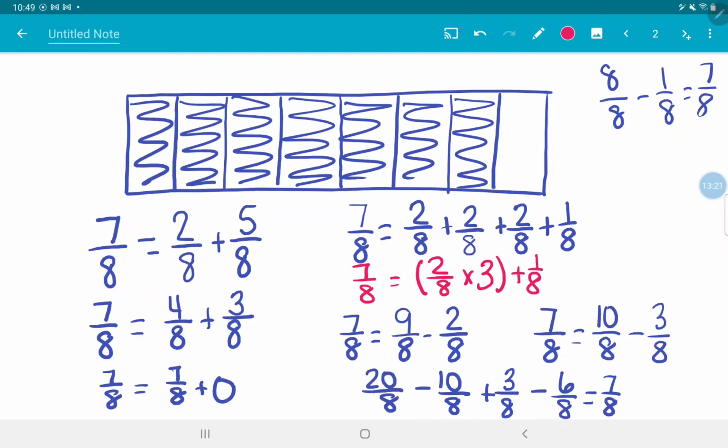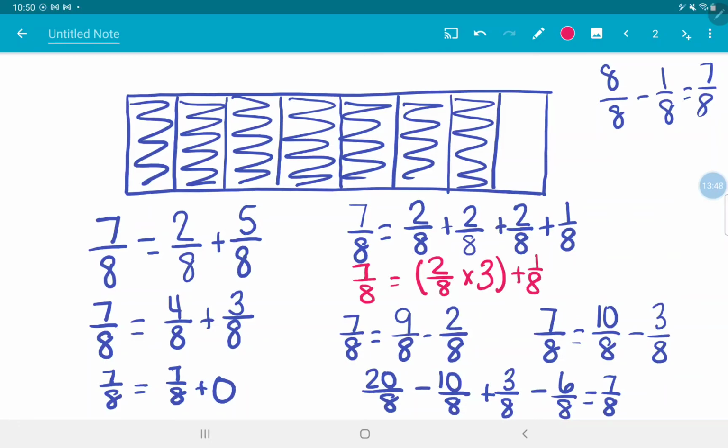Yeah, you used repeated addition. 2/8 plus 2/8 plus 2/8. That's the same as 2/8 times 3, isn't it? So I could rewrite exactly what Dylan had as a multiplication problem, and then if I add the 1/8 to that, that gets me to 7/8.